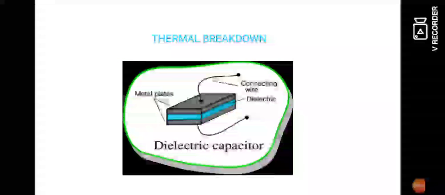Now let us see the figure of thermal breakdown. Here we consider the dielectric material, a dielectric capacitor. When a huge quantity of current is flowing through this dielectric material, it starts melting. As a result, it will start conducting.